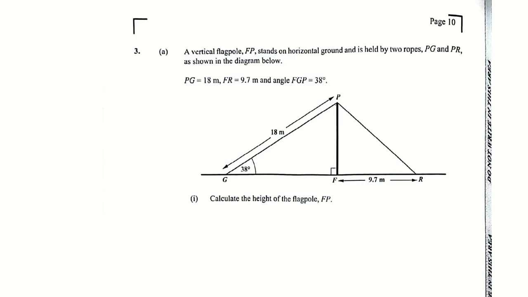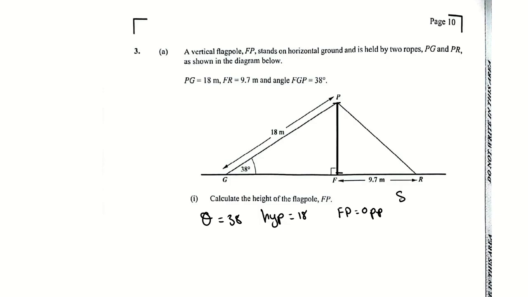And we want to find the height. We know the angle is 38, so theta is 38. Your hypotenuse is 18, and you want to find what? What is FP? Anybody can tell me? My opposite. Very good. So FP is equal to my opposite.